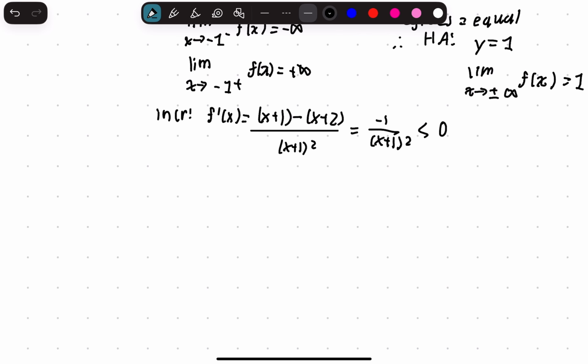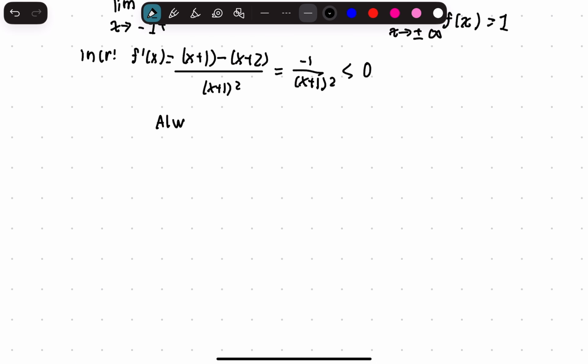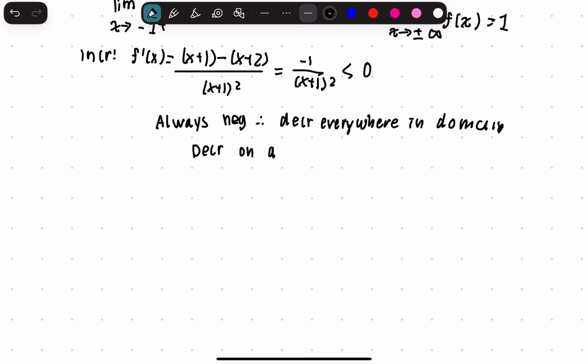That's going to be less than 0, so it's always going to be negative. Therefore, the first derivative is negative everywhere in the domain. So that means it's decreasing on all domain intervals.